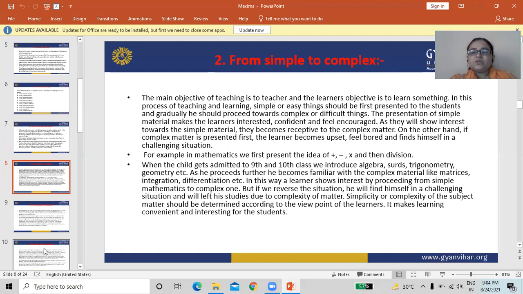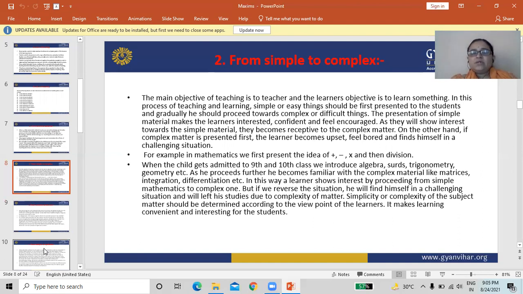The presentation of simple material makes the learner interested, confident, and feel encouraged. As they show interest towards the simple material, they become receptive to the complex matter.